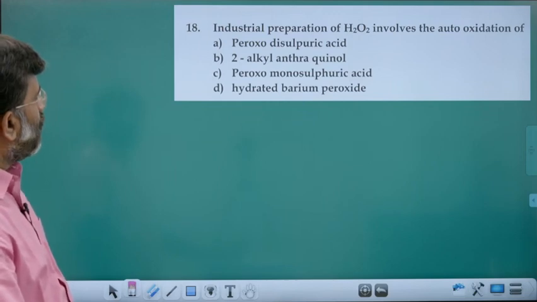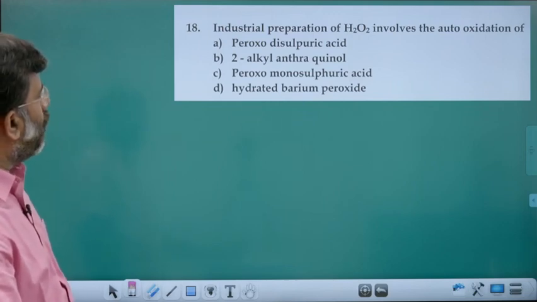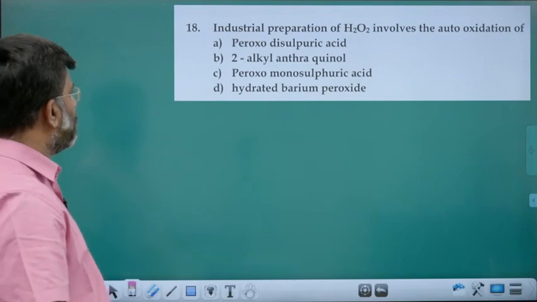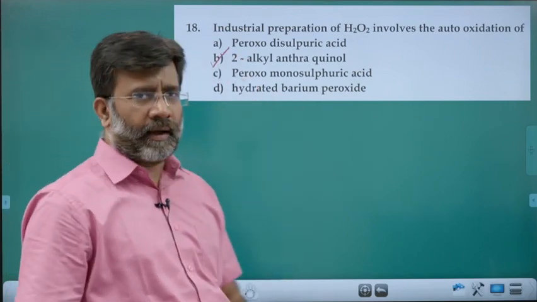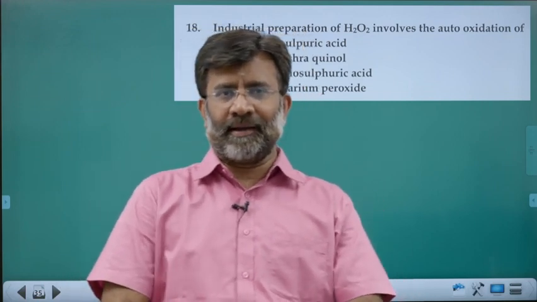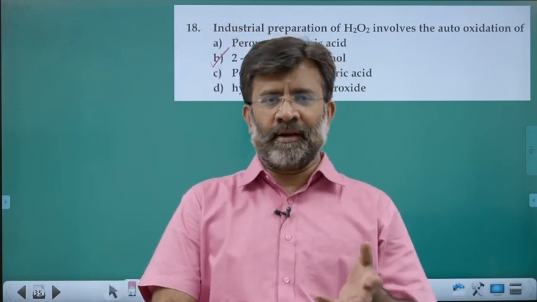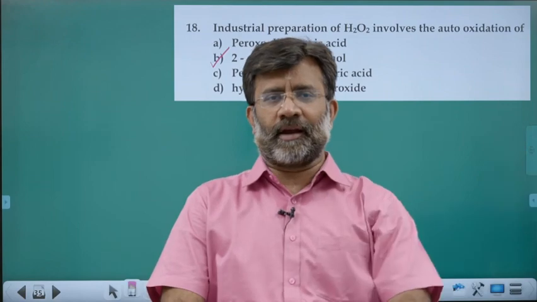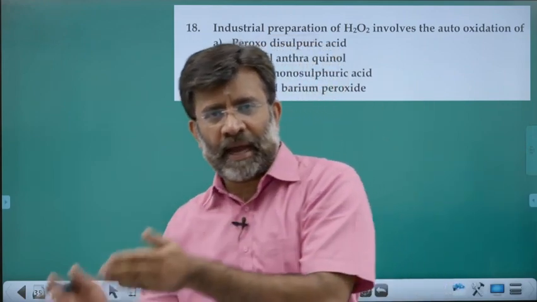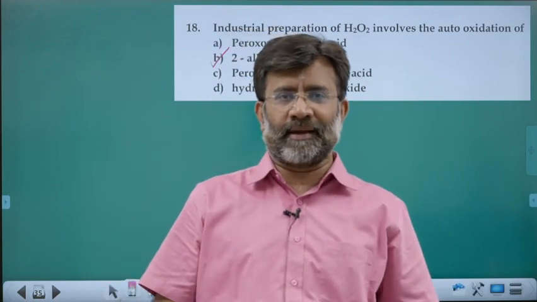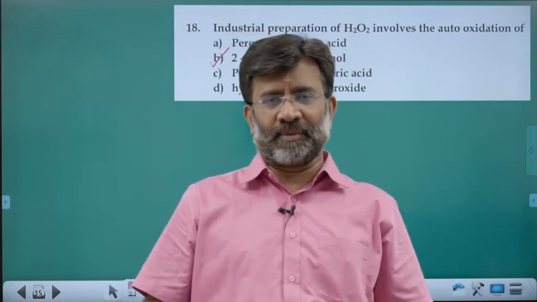Industrial preparation of H2O2 involves auto-oxidation of, it is referred in the textbook, option B, 2-alkyl anthraquinol. 2-alkyl anthraquinol, air oxidation converted to 2-ethyl anthraquinone plus hydrogen peroxide. And that is reduced back to 2-alkyl anthraquinol by using hydrogen and palladium.